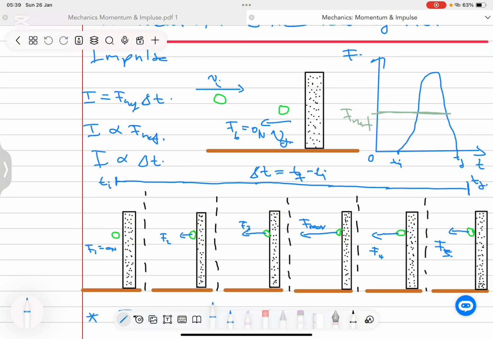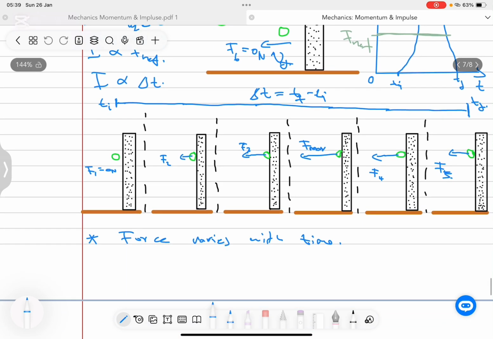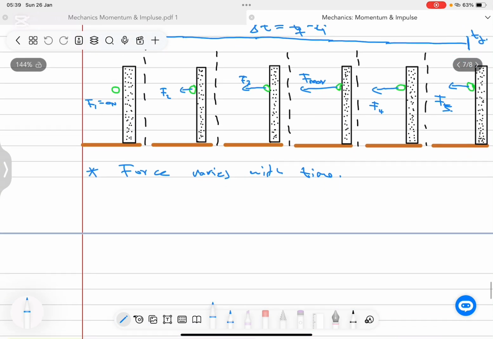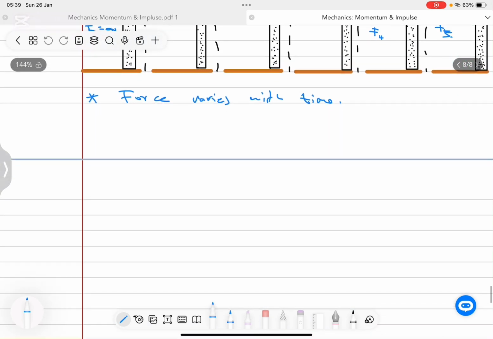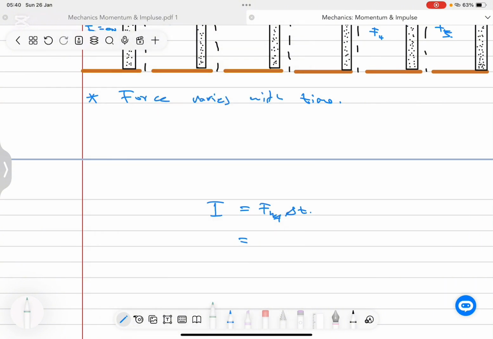The SI unit of impulse can be derived directly from the formula. How do I mean? If we use the formula that says impulse is equal to the net force times the time during which this force is applied, we can see that the force is measured in newtons.